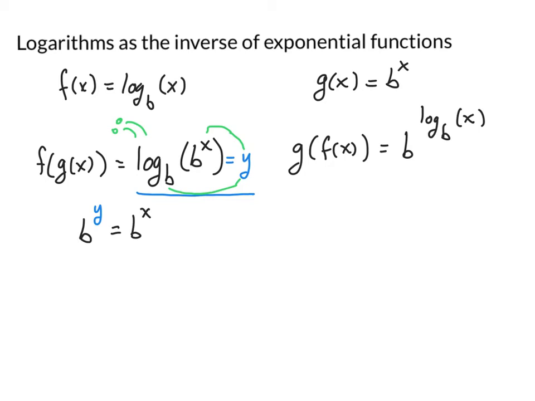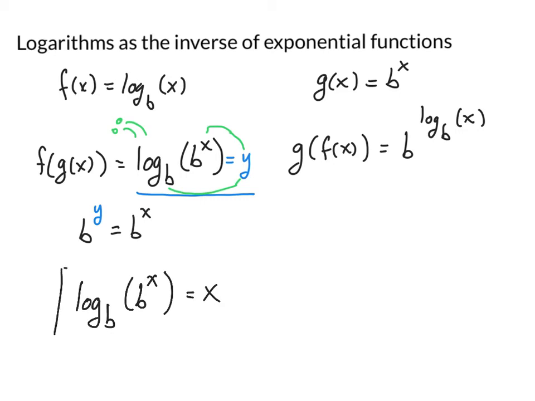If we think about this for a second, we would say to ourselves, well, b to some power gives me b to the x. That has to be x. So the power that has to go in for y is whatever x is. If I write that all down, what this is telling me is log base b of b to the x is equal to x.